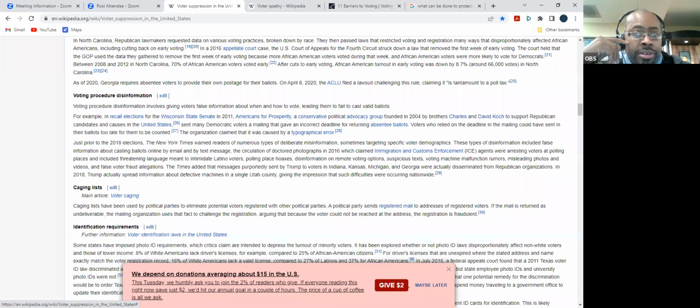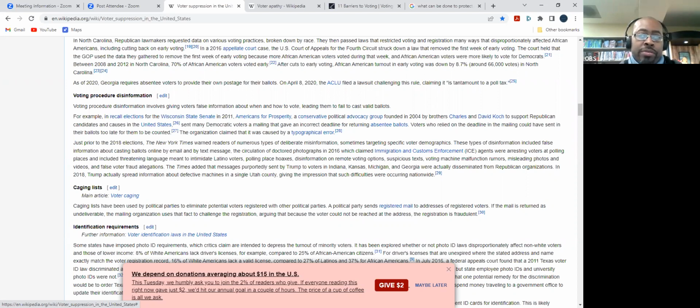Also, one thing that I noticed is that there has been a lot of misinformation in regards to voting. And Facebook, social media, of course, has been a number one target for putting out misinformation about voting, and in turn discouraging people from exercising their right to vote.